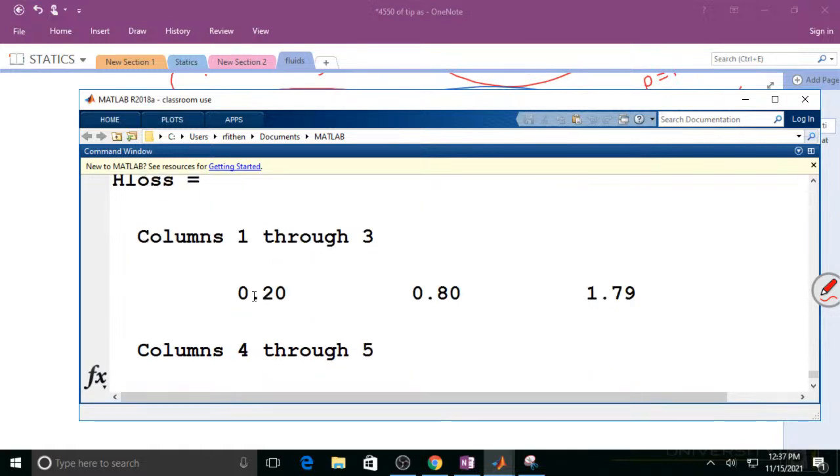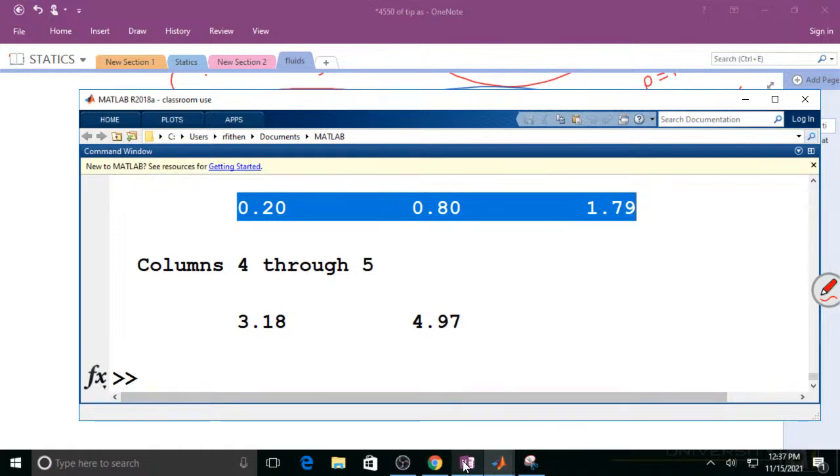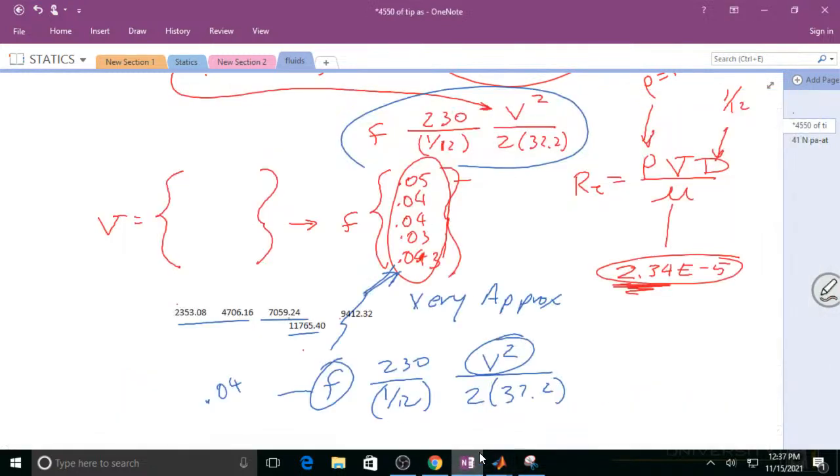So you can already see 0.2, 0.8. This is not good. So I have a terrible design here.